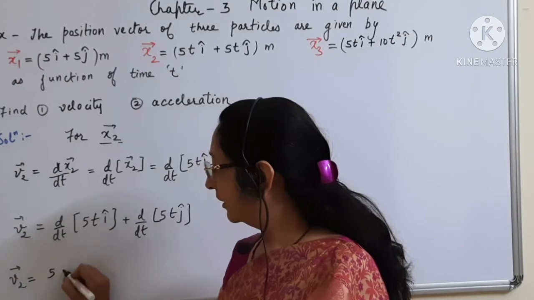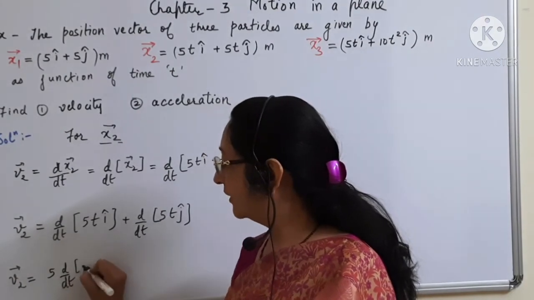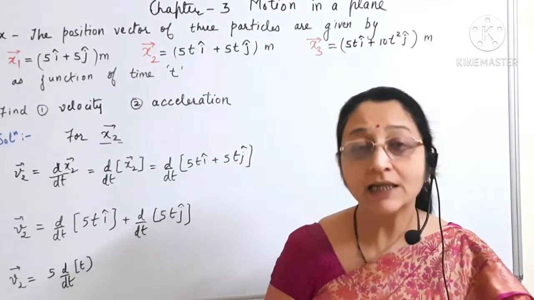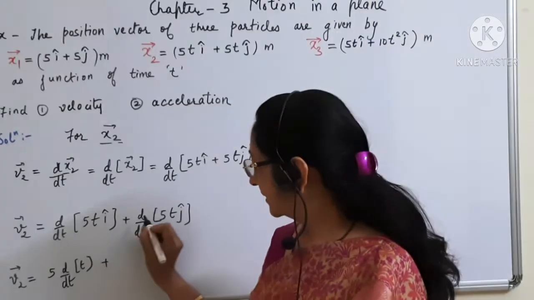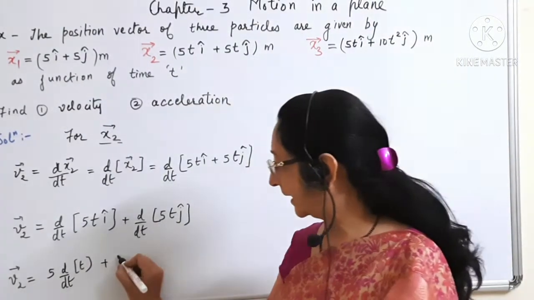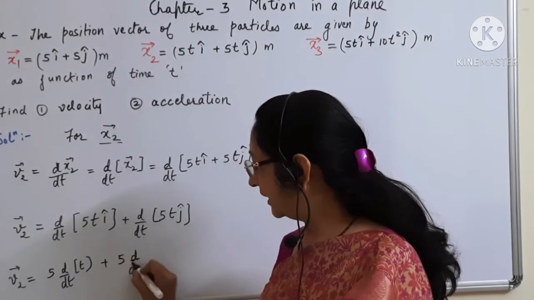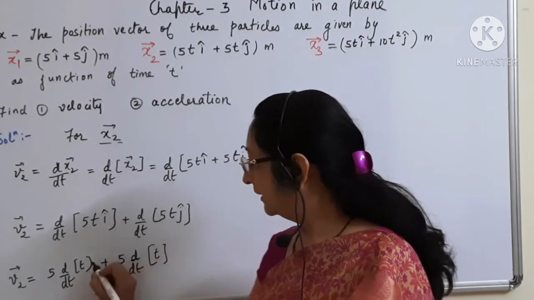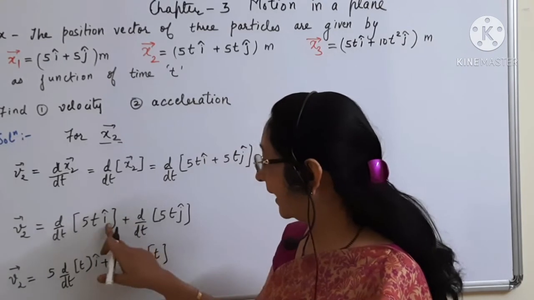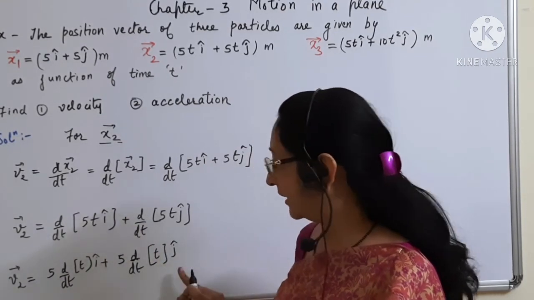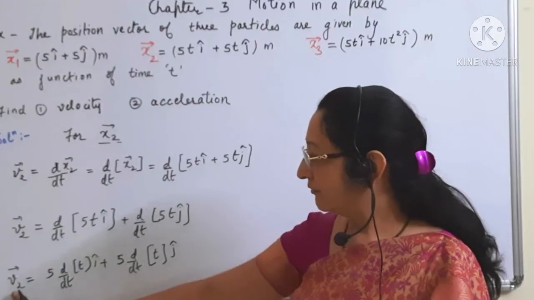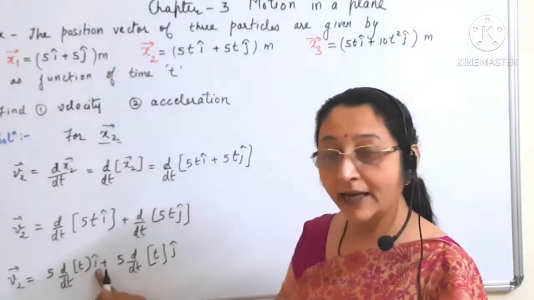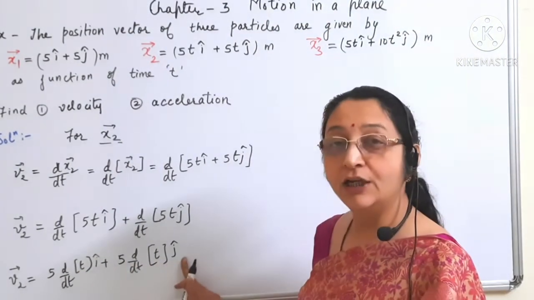So 5 times the differentiation of t with respect to time, plus, this 5 is a constant term which I took outside, so 5 ddt of t remains. Here we write i because here there is i, and here we write j because here there is j. So we write v2 is 5 ddt of t into i plus 5 ddt of t into j.